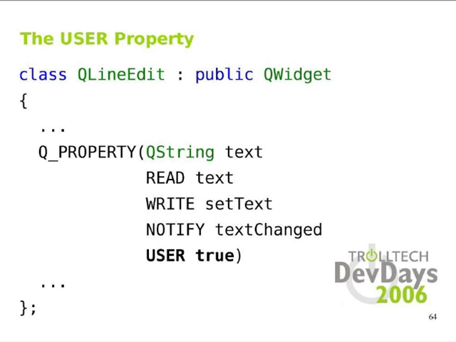In the line edit, for example, it's the text that is the user property, because that's the value that's going to be edited by the user. The widget mapper can look at the properties and find a user property, and it will automatically use that in the mapping to the model. So it will automatically use the right property to control the model.